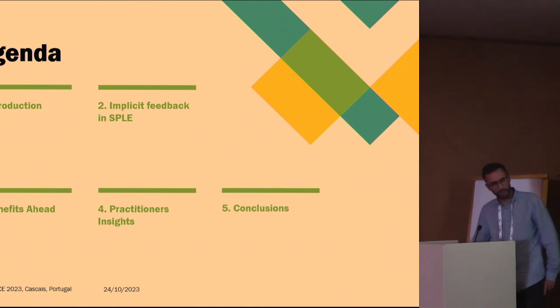After that, I will show you a process for incorporating implicit feedback in software product lines that we proposed in our previous work. Then, the main contribution of this work, which is a list of benefits for 6 different software product line activities, followed by a preliminary evaluation with 8 practitioners, and I will conclude the presentation with some conclusions.